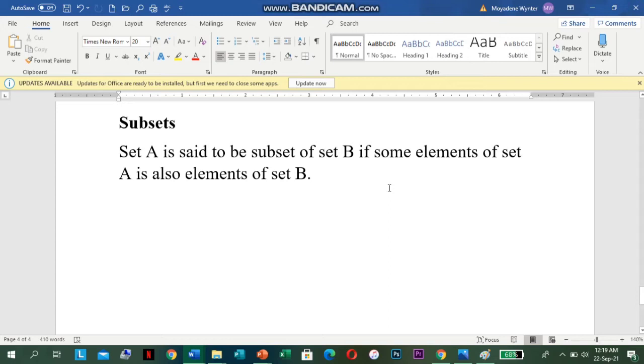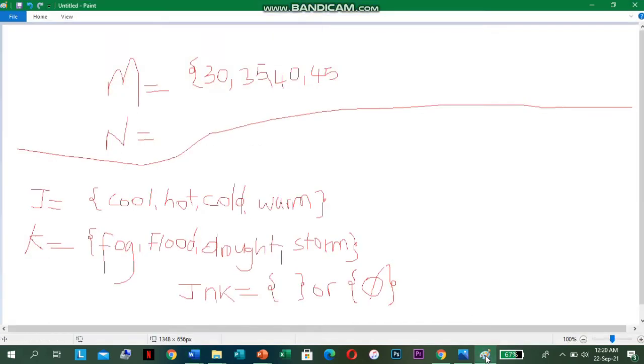Set A is said to be a subset of set B if some elements of set A are also elements of set B. Let me say that again. Set A is said to be a subset of set B if some elements of set A are also elements of set B. So let us do an example of this one.